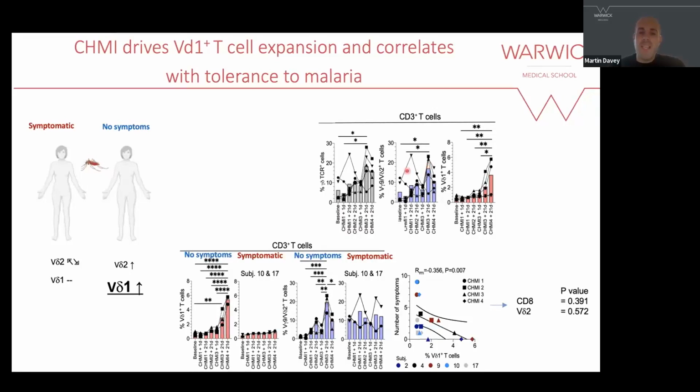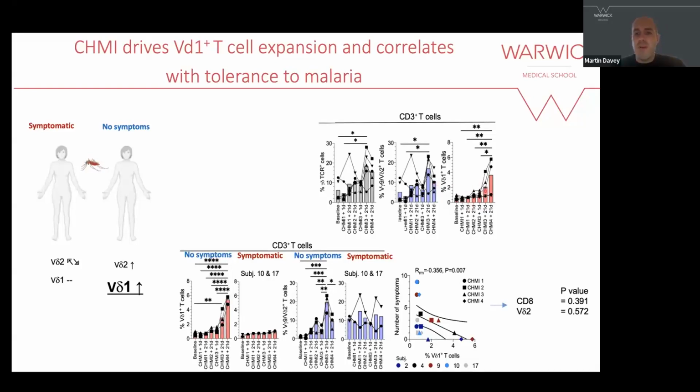And one of the key things we noticed was that most of this was driven by V delta 2 responses. So there were a lot of cells, but those V delta 2s dropped off towards CHMI4, which was the key time point when people were starting to become more tolerant to the infection.